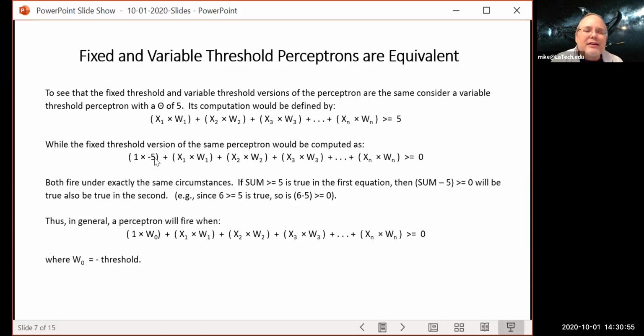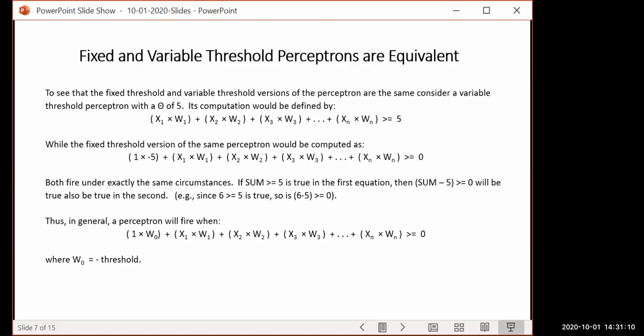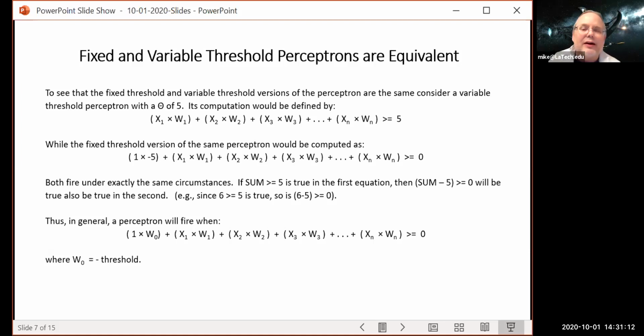But then I'm subtracting 5 from whatever this is. So instead of comparing it to 5 like I was going to do originally, since I'm subtracting 5, I can just compare to 0. That makes sense. Okay. Does anybody else have a question about that? It's just a little architectural trick to make the mathematics work out better.